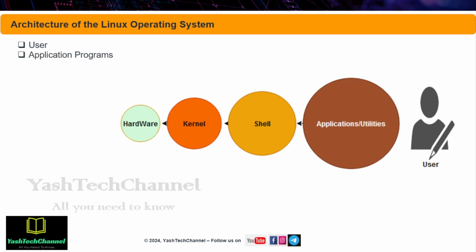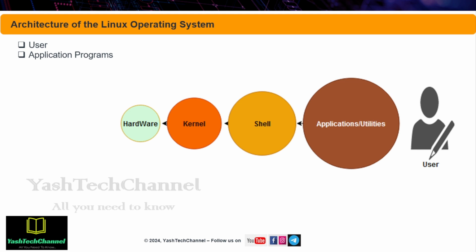The second one is applications, right? This is where the actual programs, or whatever, will be happening behind the scenes. When I say applications here, it can be system libraries, or it can be system utilities. When I say system libraries, it means a collection of pre-compiled functions and procedures that provide essential functionality to the applications.